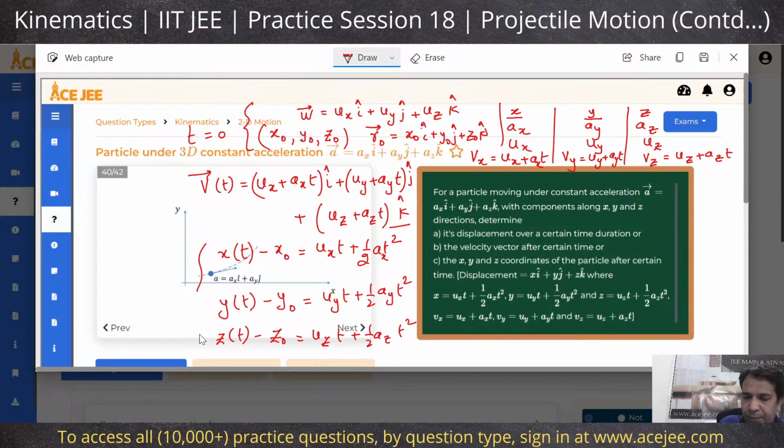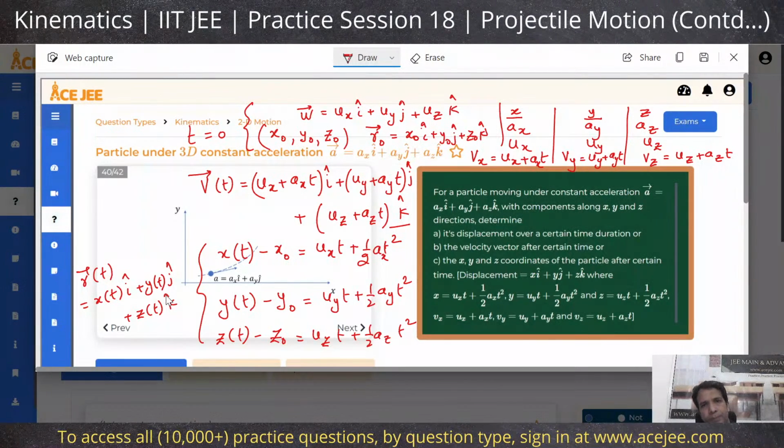So you can then write your position vector at time t as xt i cap plus yt j cap plus zt k cap. Is it clear? I hope it did not seem scary, because it's not really complex. It's just a matter of writing these scary looking expressions, but actually it is fairly simple.